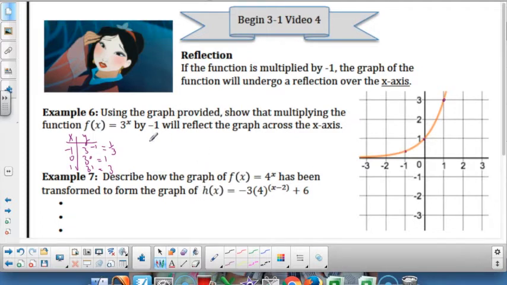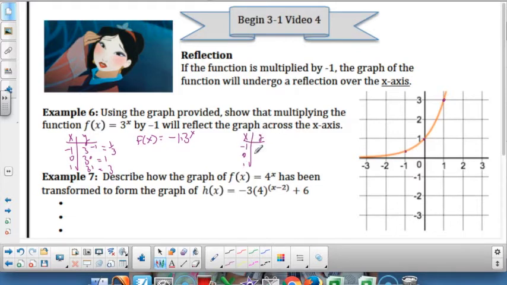If I reflect that by -1, then what my equation is going to become is f of x equals -3 to the x, or -1 times 3 to the x, however you want to write that. So when I do my t-chart, I'm going to have x and y.